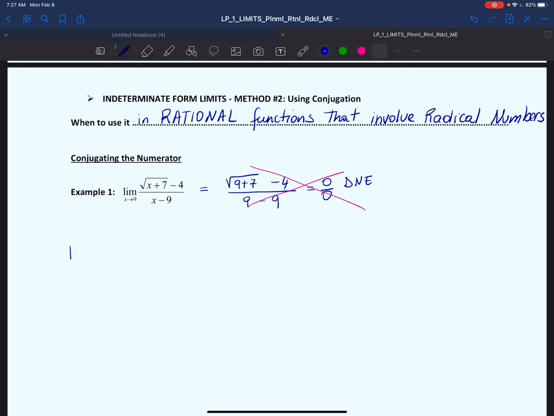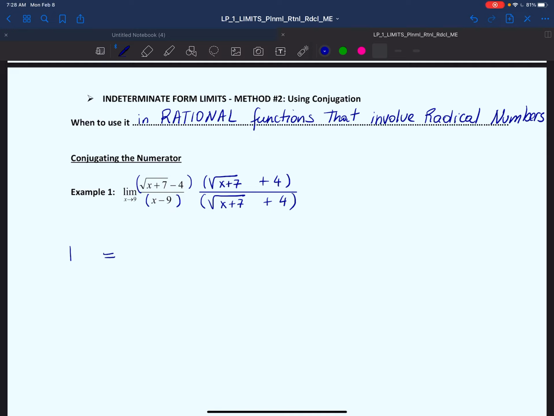I will multiply both numerator and denominator by the conjugate of the numerator, because the numerator is the one that has a radical. And the conjugate of root x plus 7 minus 4 would be the root of x plus 7 plus 4. So here I go again, the root of x plus 7 plus 4.